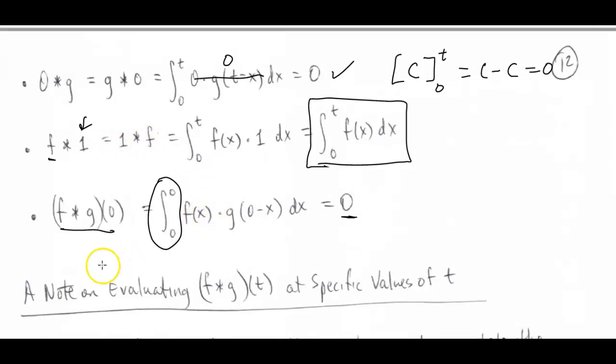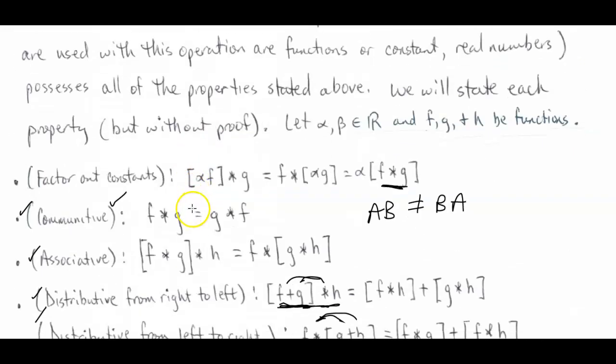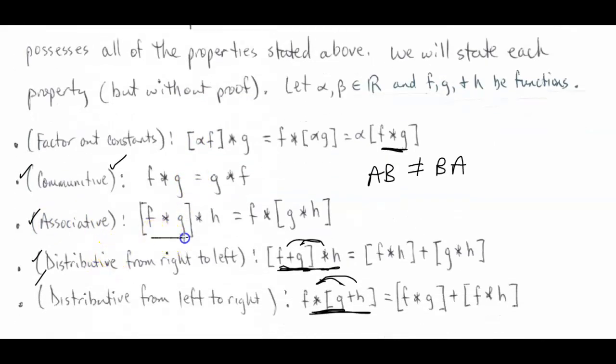All right, so before we get into this last thing about the notes on actually evaluating whenever we convolve f and g, I am going to go ahead and show you over here why this is actually commutative.